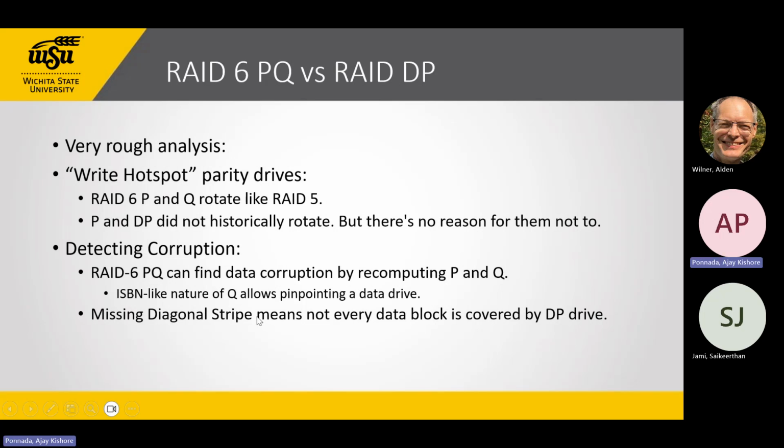So at the time of building the RAID 6 PQ, they will just hard code it to recognize which is the parity bit of P and Q in the given data drive or in the given stripe. So that's how they construct diagonal parities for PQ as well.